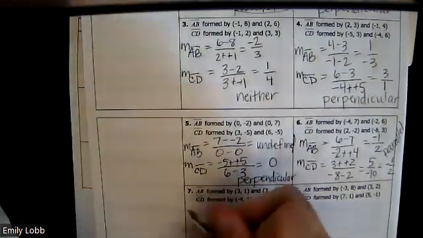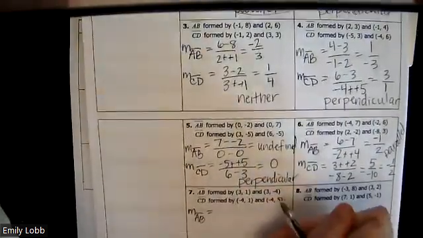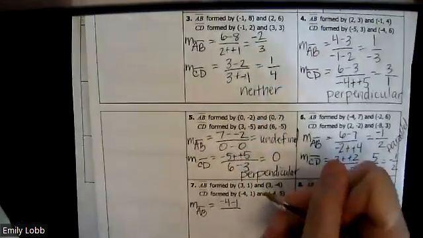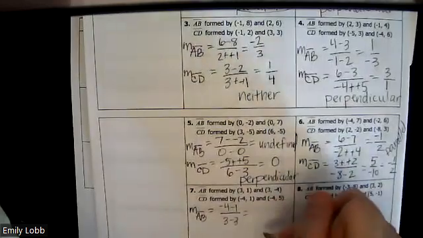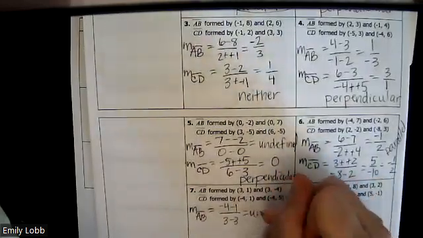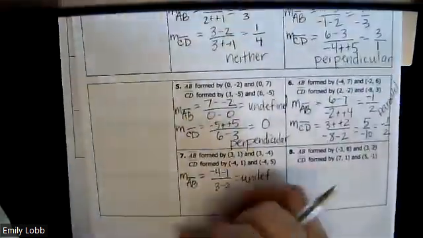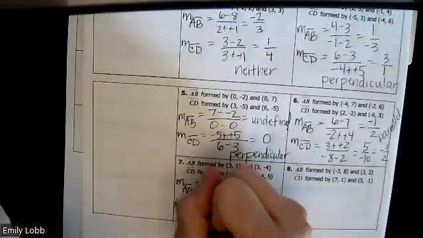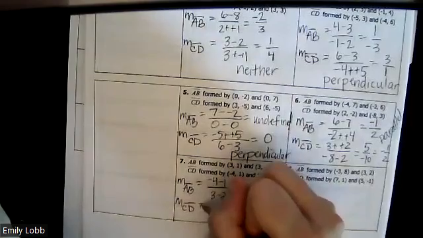All right, so 2 more. Our slope of AB is our change in y, so negative 4 minus 1, all over our change in x, 3 minus 3. We know that anything divided by 0 is undefined here. Then our slope of CD, we have 5.